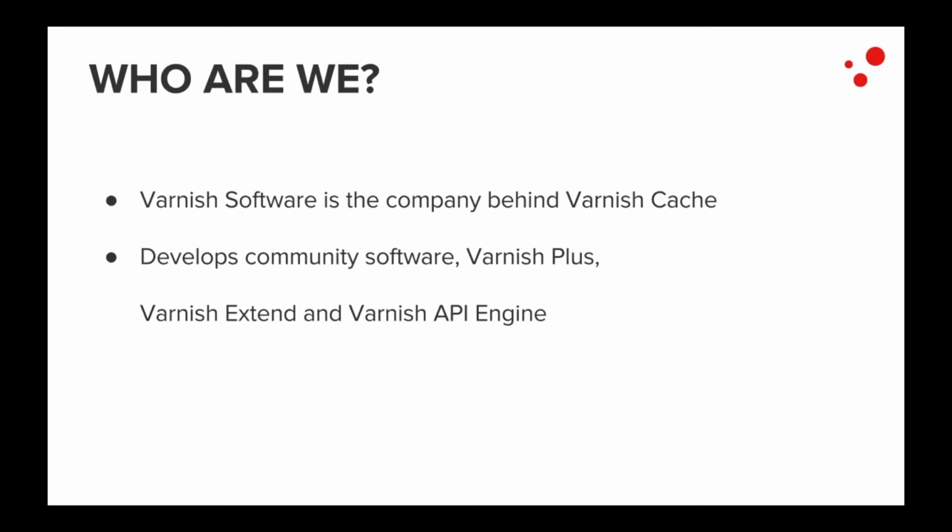It is more feature complete, and it provides concrete solutions to real problems out there. We also have other offers, such as Varnish Extend, which is an offer for everyone interested in do-it-yourself or private and hybrid CDNs, and the Varnish API Engine, which is an API accelerator. Today, since we're talking about Edgestash, which is a Varnish module, a Varnish extension, we are going to stay focused on Varnish Plus.